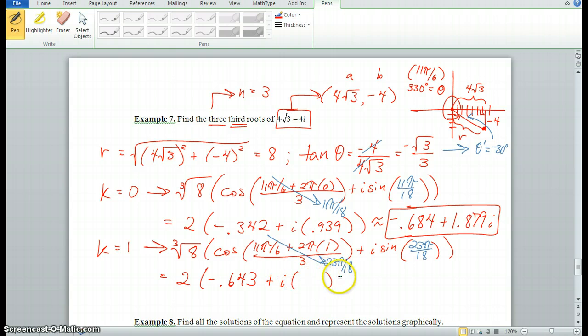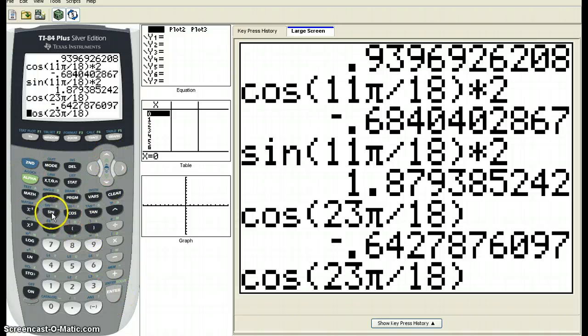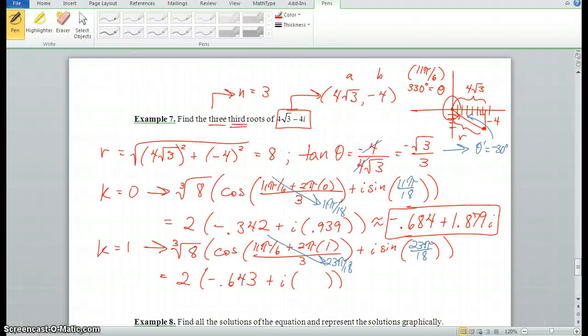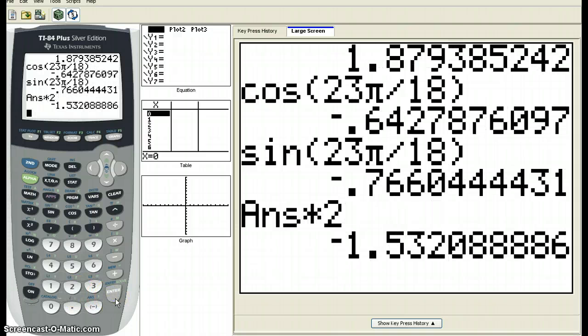Plus i times, second enter, tap up, sine of that angle, negative 0.766. Okay, we'll multiply this by 2. Let's just hit times 2 here, make our lives easier. So negative 1.532.